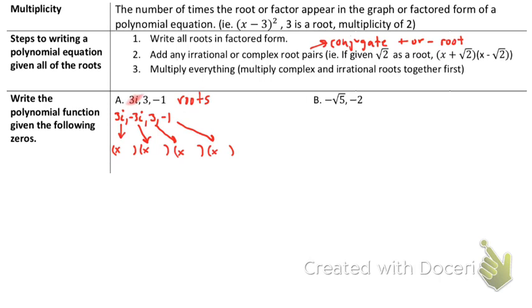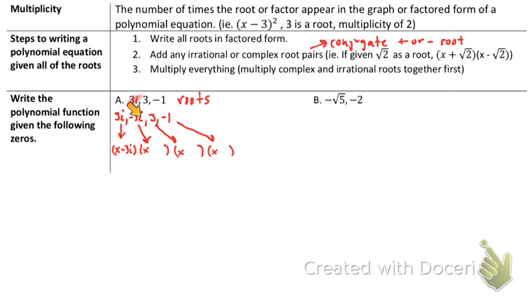So for 3i, when we turn the answer back into factored form, what do we do with the sign? We switch the sign. So this is really x minus 3i.